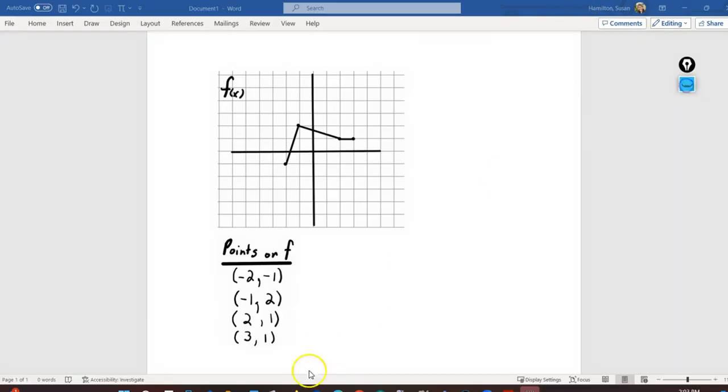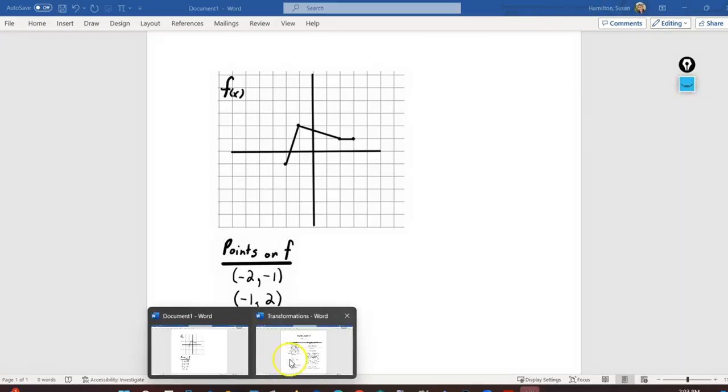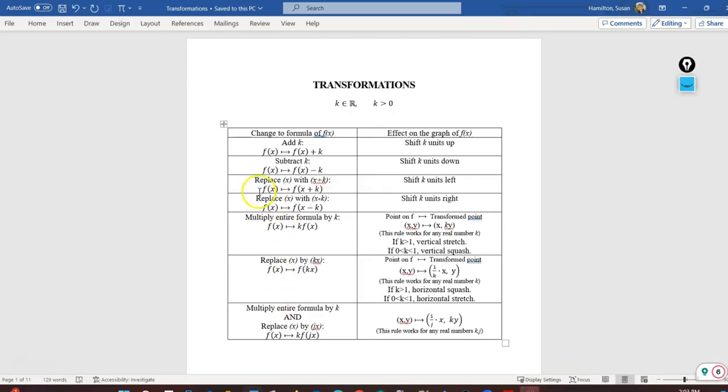So if we go to the sheet, and here's the third one, I have replaced x with x plus 3. So I'm going to shift 3 units to the left. So we're going to have a left shift if you replace the x with x plus k.